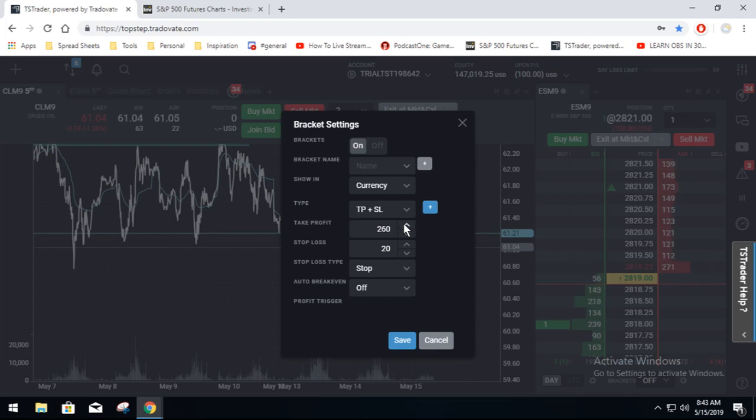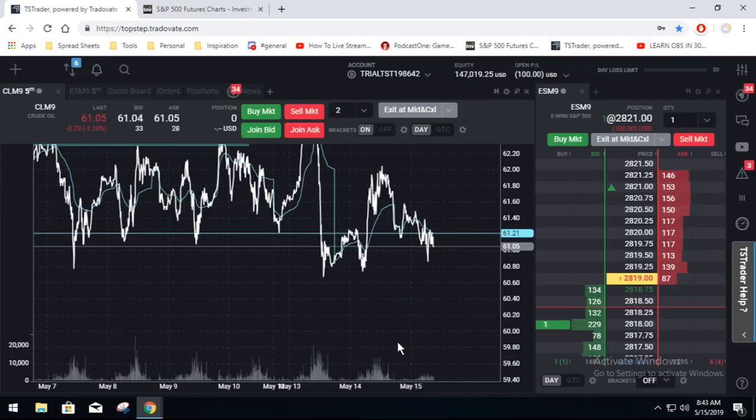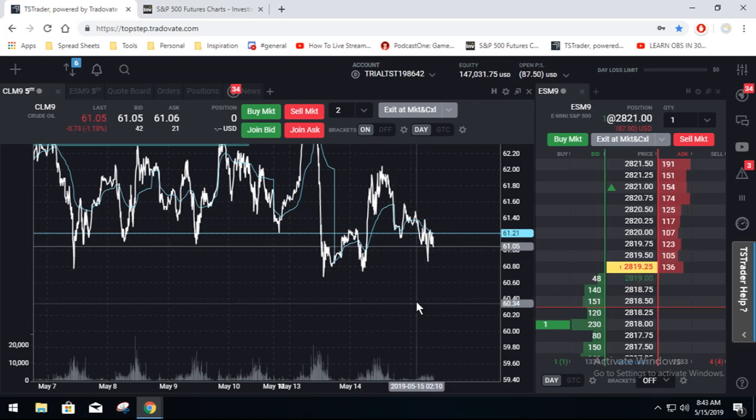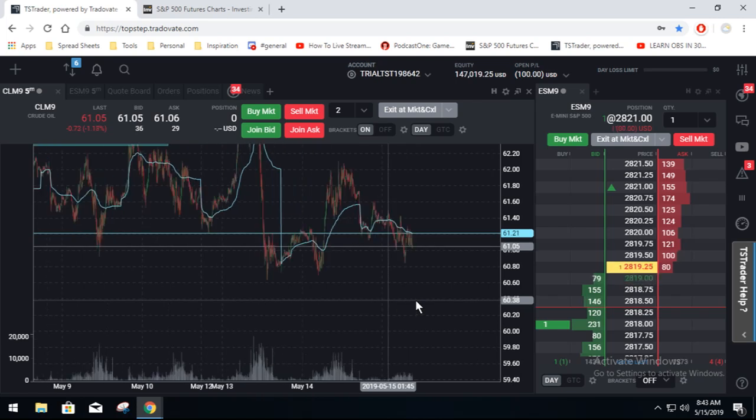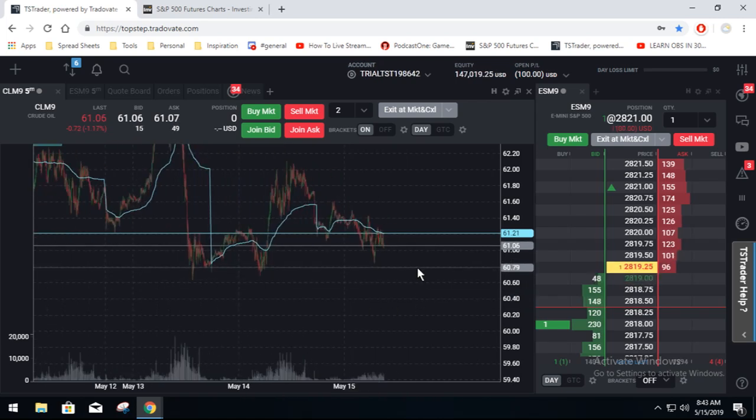Usually use 1.5 to 1 with a minimum 20 point stop loss. If you're using singles or a double contract, we'll limit out on both. So if you're looking for a buy, 80s might be a good opportunity with a 20 point stop loss.